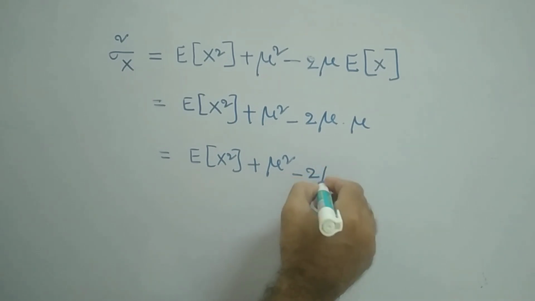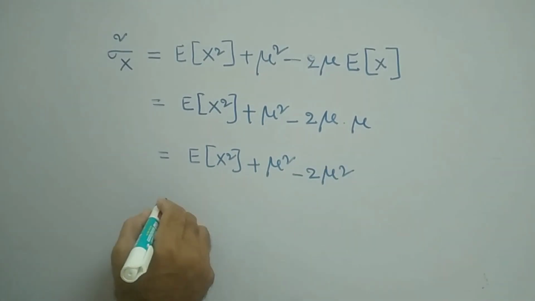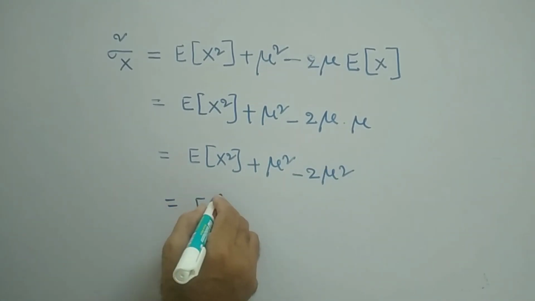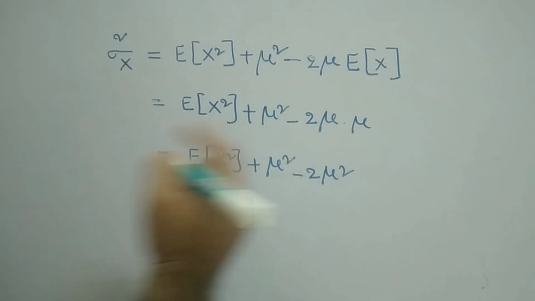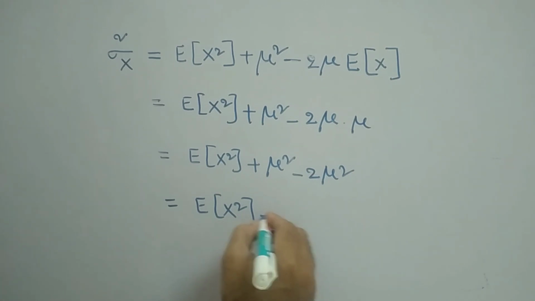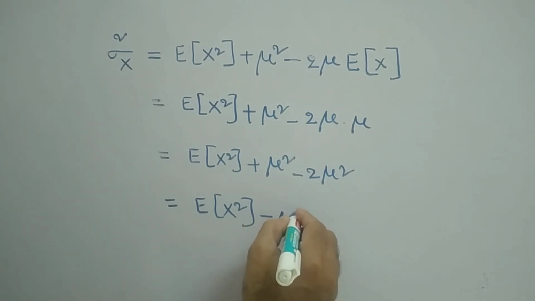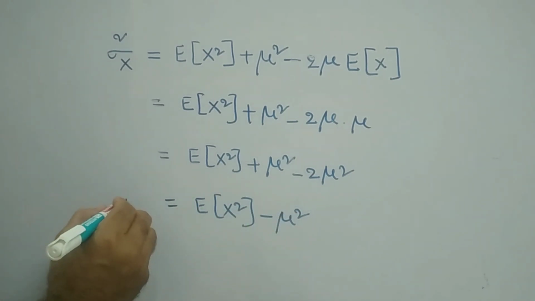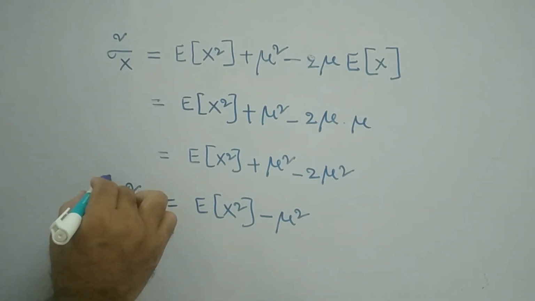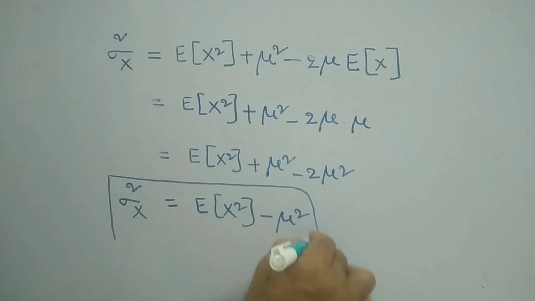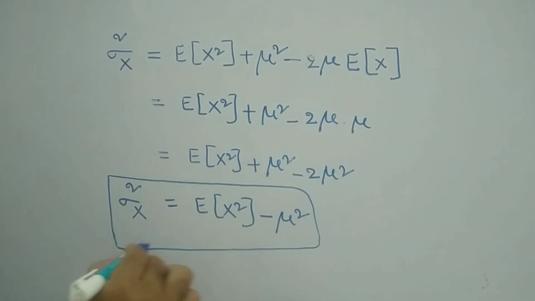Finally, it is expected of x square minus mu square. That is what sigma square of x is. This is the formula that you have to remember.